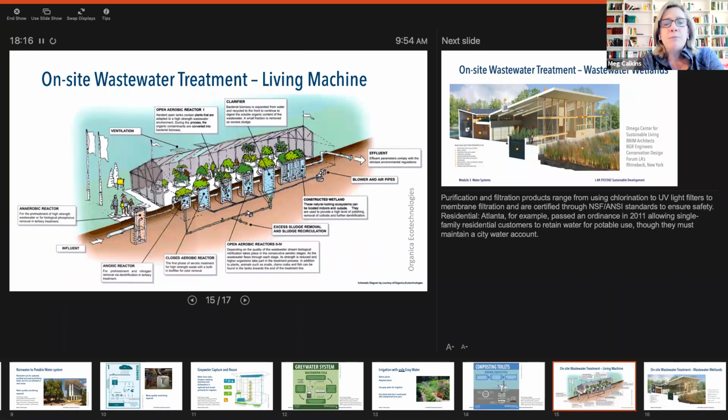Another method of treating black water is on-site wastewater treatment, called a living machine. This living machine is diagrammed here with the influent coming in here to an anaerobic reactor. This is where air is not let into the system. Then it's pumped into aerobic reactors here.